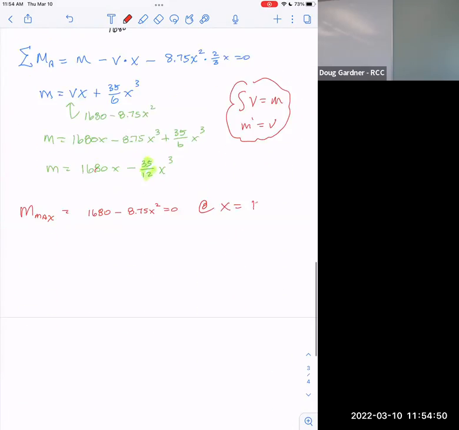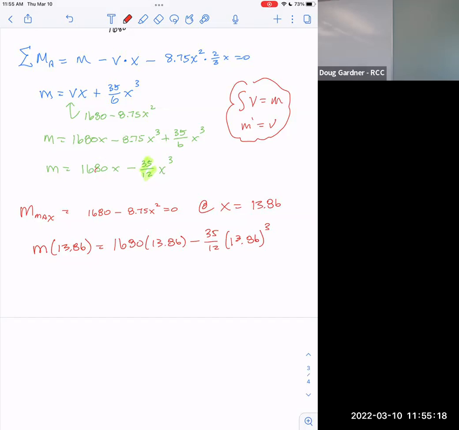Since you know that it's at x is 13.86, then you could go back and say, okay, well, what's the moment when you stick in 13.86? 1680 times 13.86 minus 35/12 times 13.86, except that's cubed. And now I already know the maximum moment.